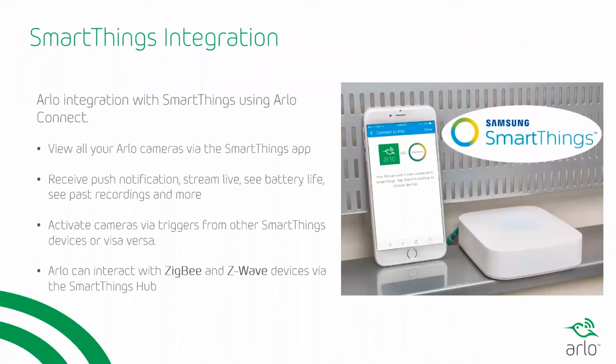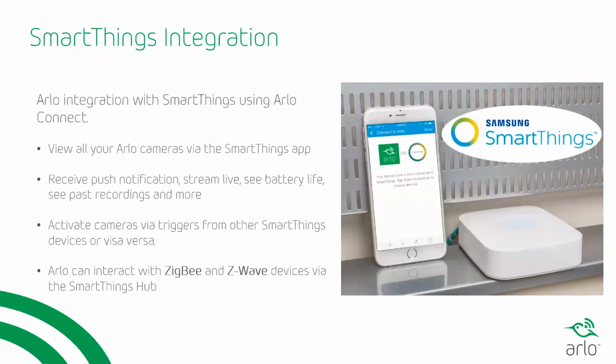One of the things that's different here is that you're allowed to just have the SmartThings app open and not have to actually go into the Arlo app. So everything that you can do, or practically everything you do in the Arlo app, you can do in the SmartThings app and have everything at your fingertips, all of your smart devices off of one app rather than toggling between a variety of different platforms.